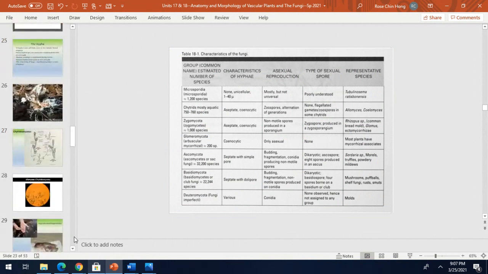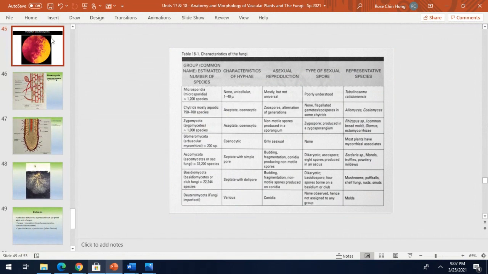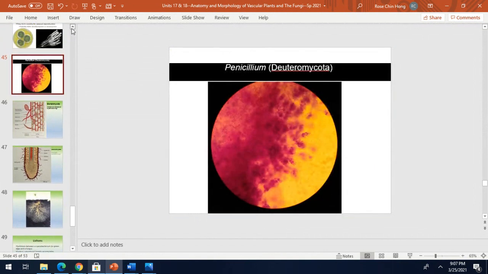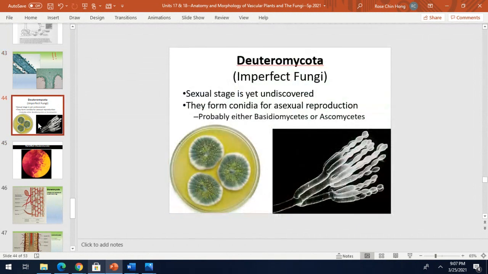All right, so let us go back and continue with our slides. Sorry, we didn't need that. So we just finished talking about Basidiomycota. Now let's go on to the next group of fungi. That's called Deuteromycota. This is the imperfect fungi. They have not discovered the sexual stage yet. So they haven't observed any sexual stage.